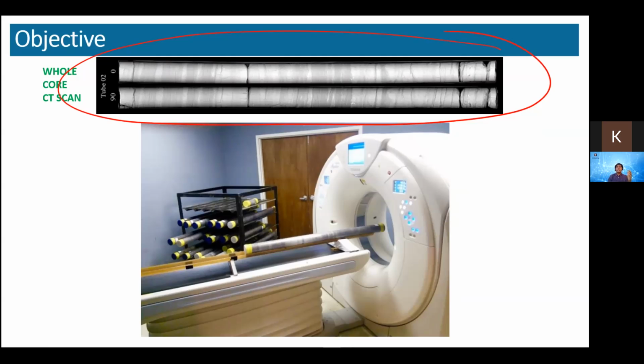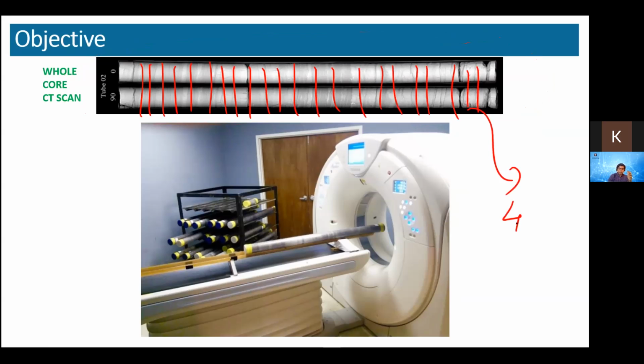These are all 3D scans. If you look at this CT scan, each scan is made of slices. If I remember correctly, there are close to 40,000 slices. Each slice is close to 2000 by 2000 pixels.